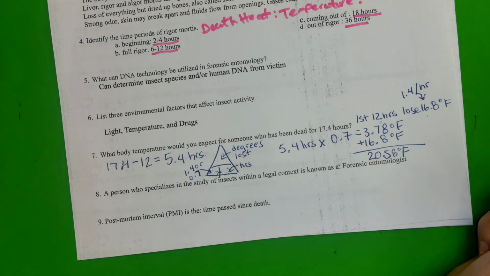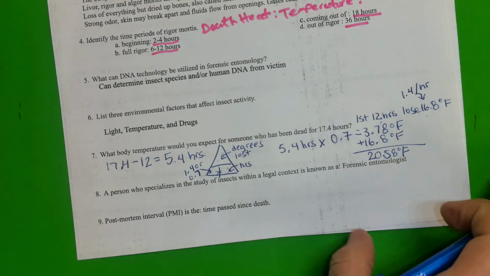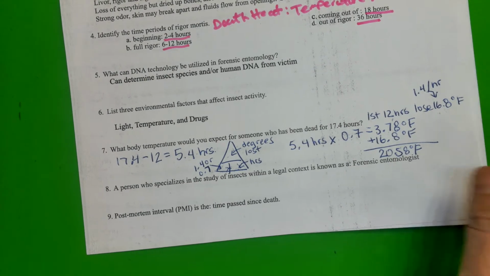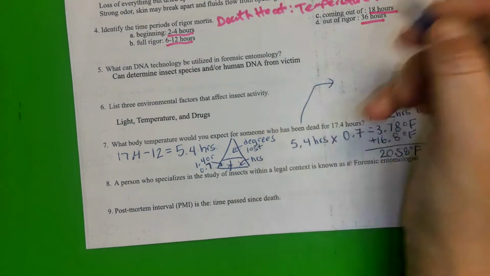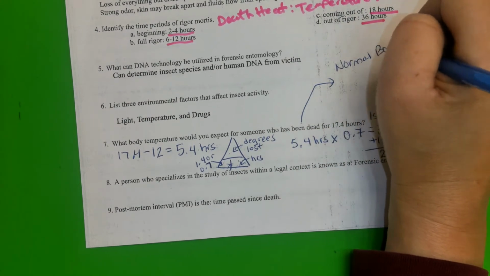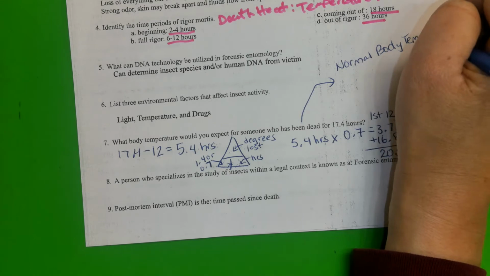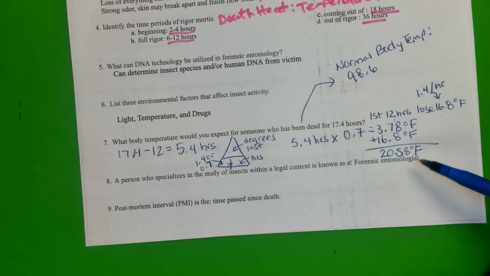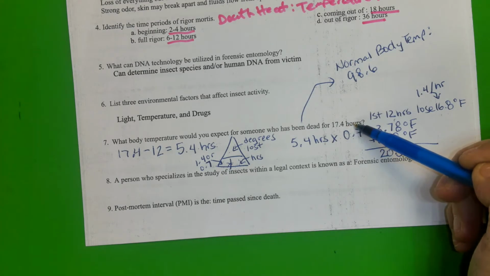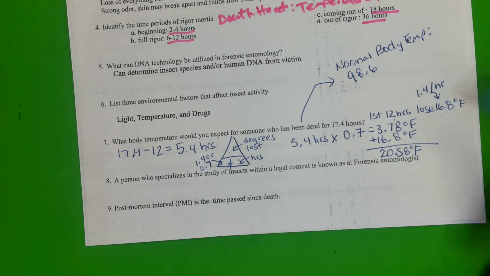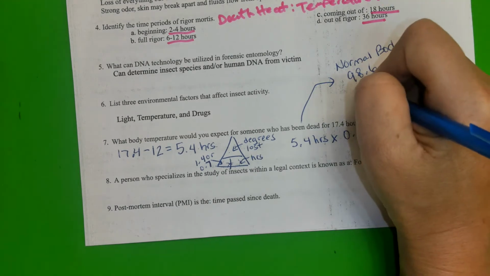The normal body temperature, and I'm going to write it down because I ran out of space, is 98.6. The total for the 17.4 hours is 20.58, that's the total amount it lost.